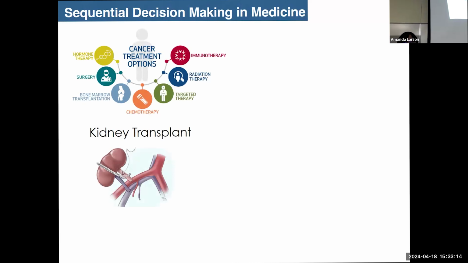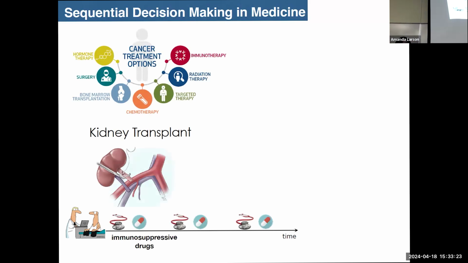Another example is patients after kidney transplantation. To make sure that the kidney works properly, they need to visit the clinic from time to time, for example, every half year or every year. At each visit, the clinician will need to assign them immunosuppressive drugs.